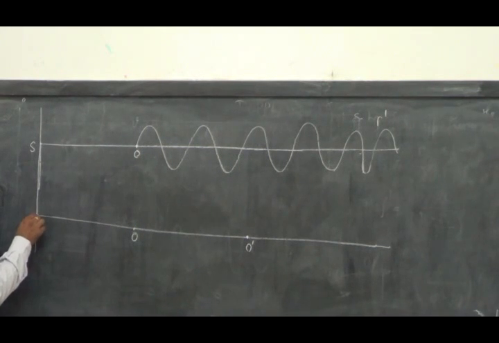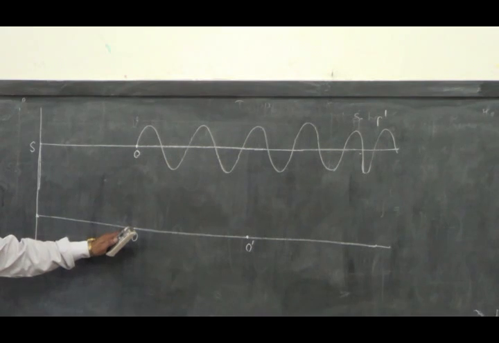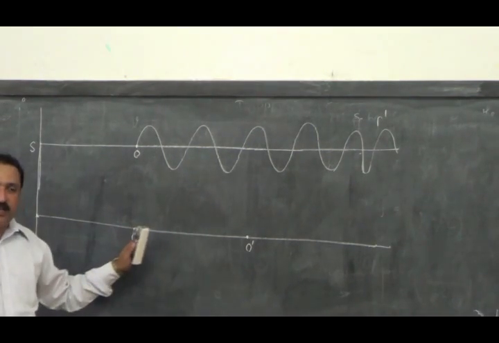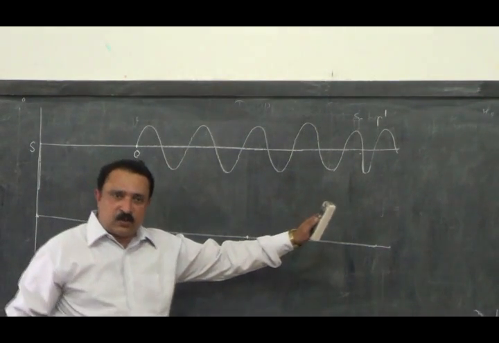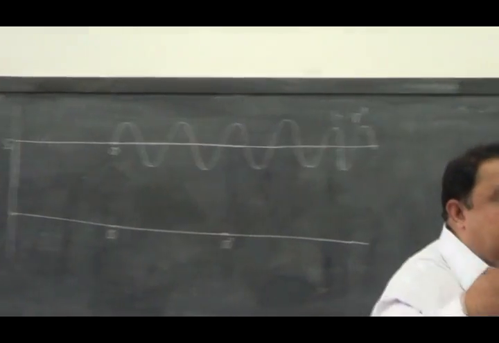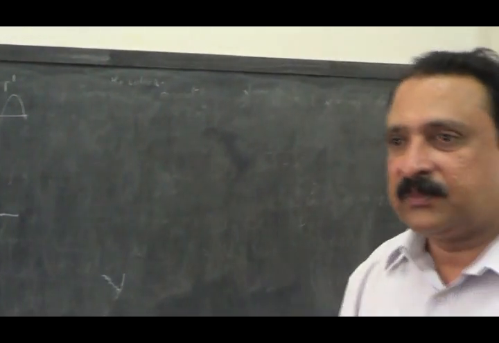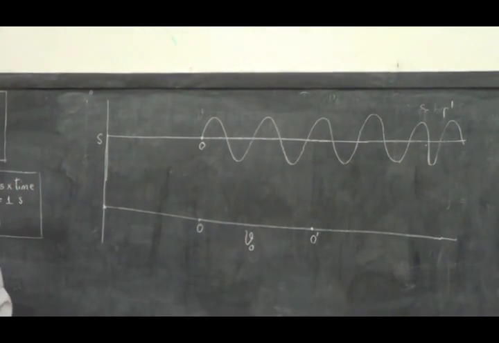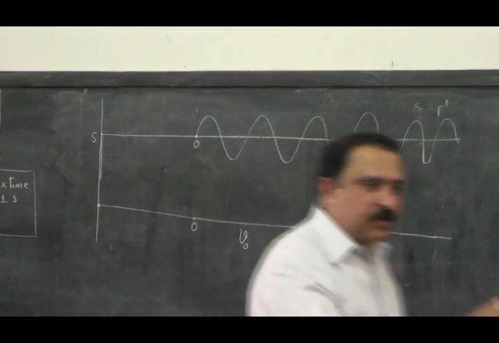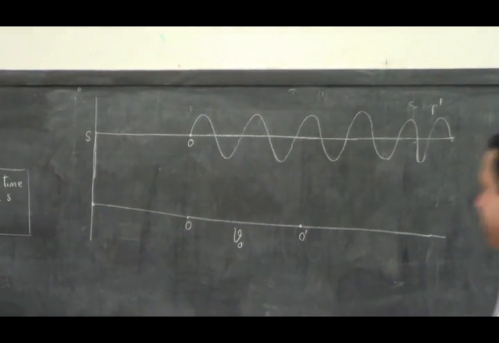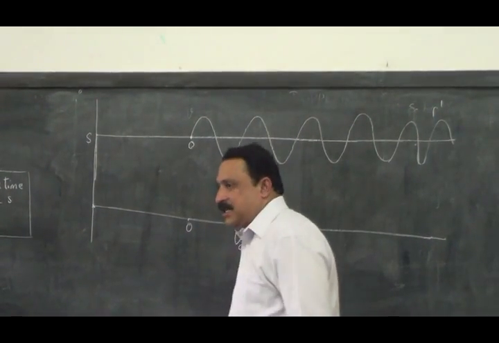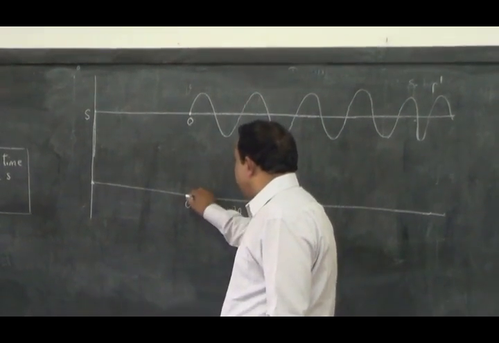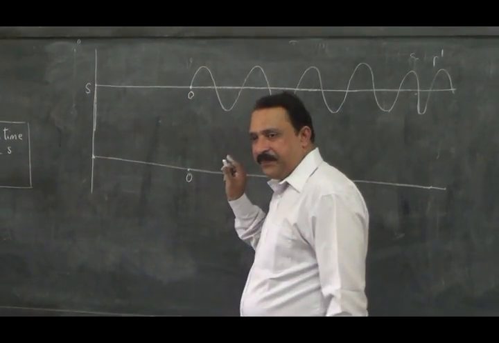The source is not moving, it is at rest now. The observer is now moving. How is he moving? Is he moving towards the source or away from the source? He is moving away from the source with a velocity VO, covering a distance OO dash in 1 second. That means velocity is equal to distance.